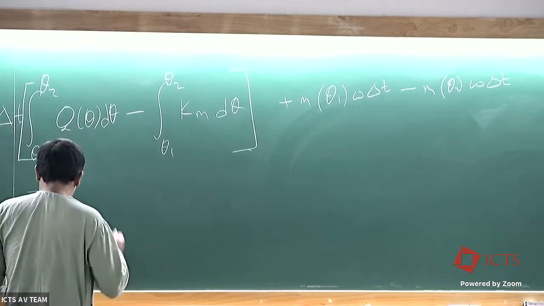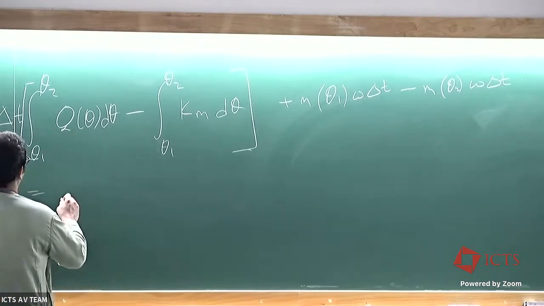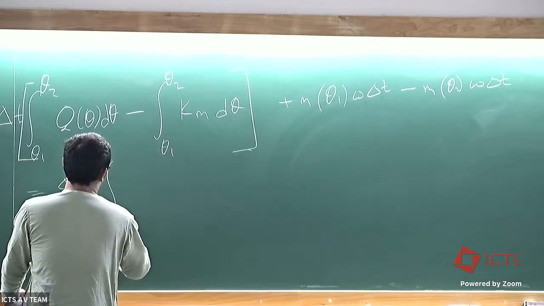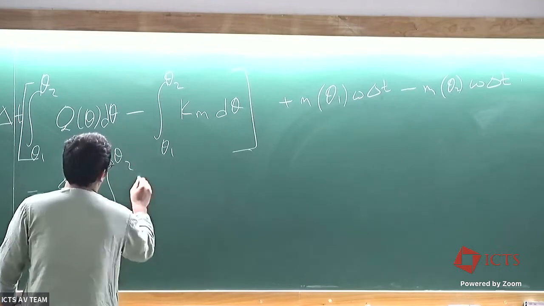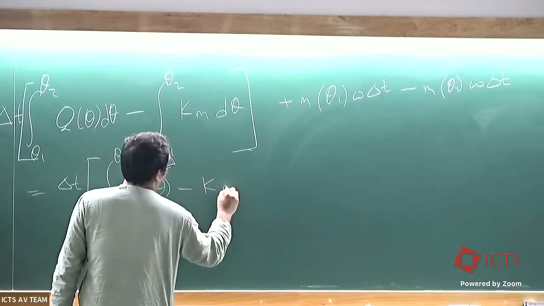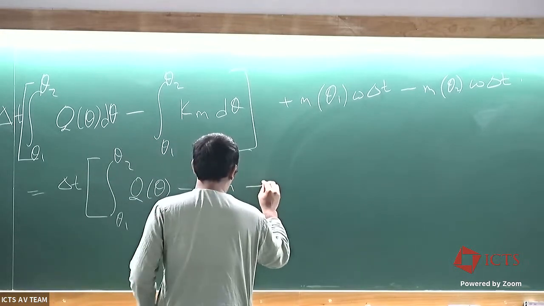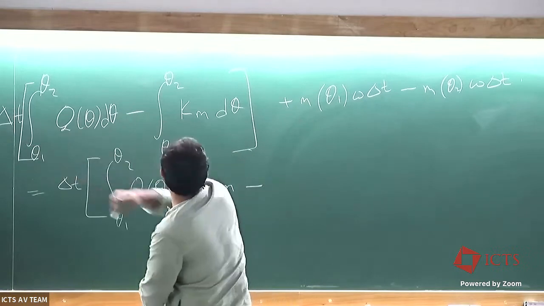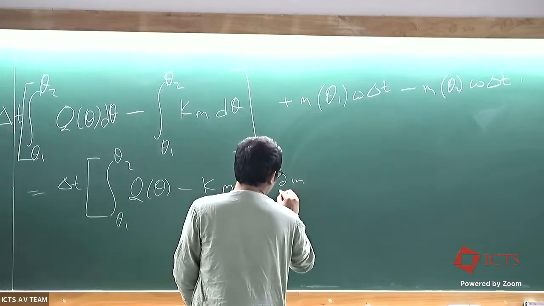And so what we'll have is delta t, m theta 1 minus m theta 2 with that sign convention.